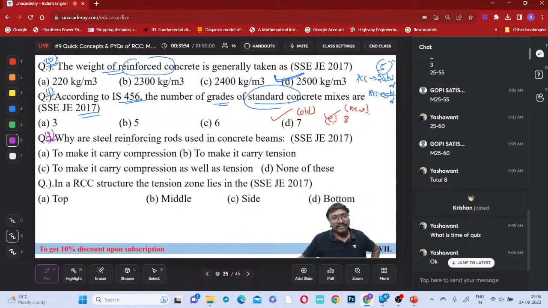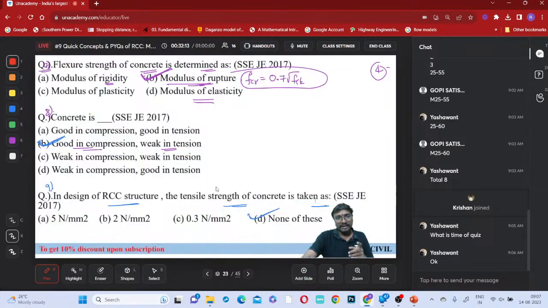So why are steel reinforcing rods used in concrete beams? What is the main purpose of these steel reinforcing bars? To make it carry compression, or to make it carry tension? To make it carry tension only, because concrete is stronger in compression. Just now we have seen, concrete is stronger in compression and weaker in tension. So how to improve the tensile strength of concrete?